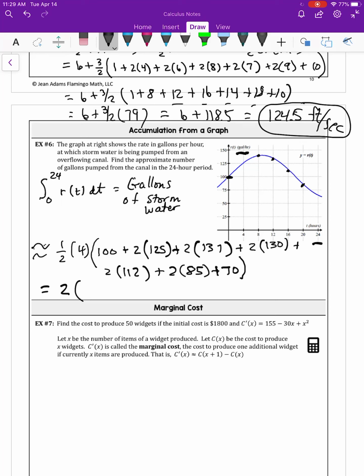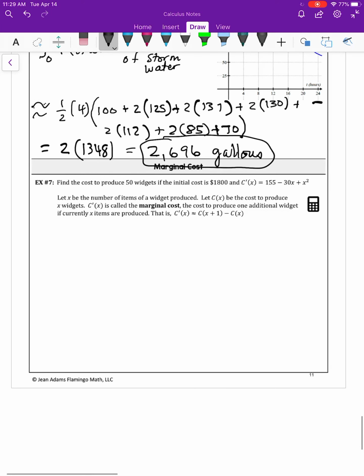And if I was grading this on a test, I would have taken that into account, as long as you were close to 137, close to 130, close to 125, close to 112, I would have been fine with what your answers were, as long as it wasn't too far away. And so this gives me 2,696 gallons for an estimate.